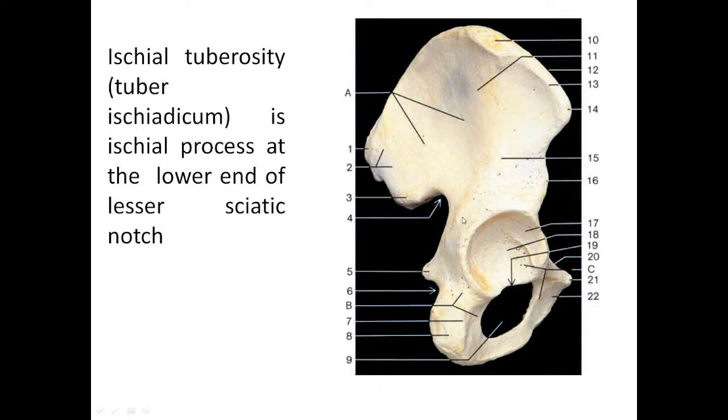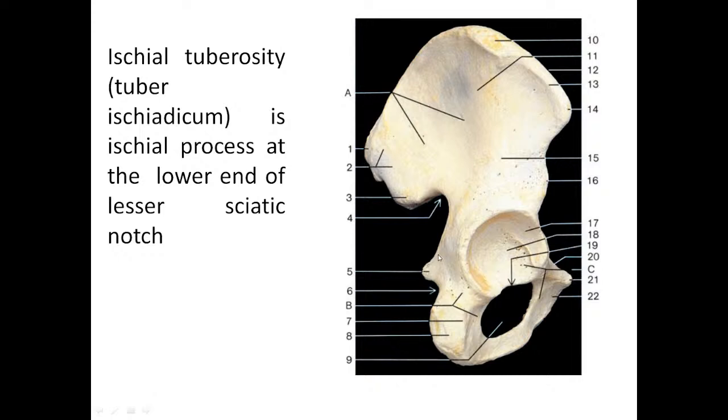Ischial tuberosity, tuber ischiadicum, is the ischial process at the lower end. You see the lesser sciatic notch.